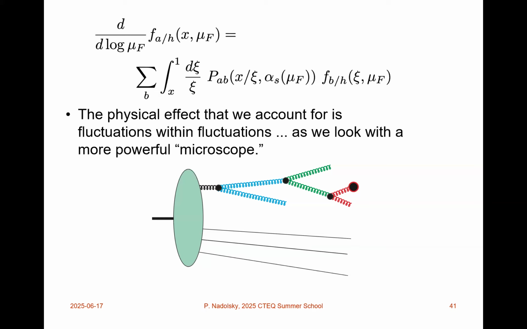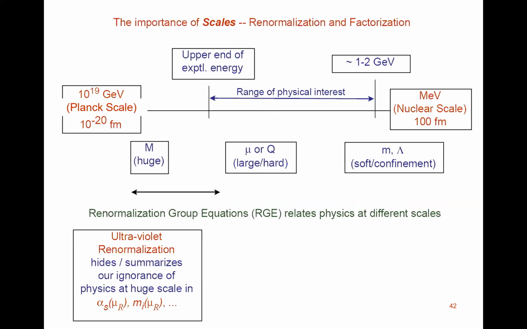And whenever you increase the resolution scale, you can start resolving additional patterns of smaller size in the pattern of a bigger size that was observed with a low resolution scale. So that's kind of the big picture again. In the first approximation, the DGLAP equation describes the effect of this quantum microscope when you try to zoom in on the parton distribution inside the proton.